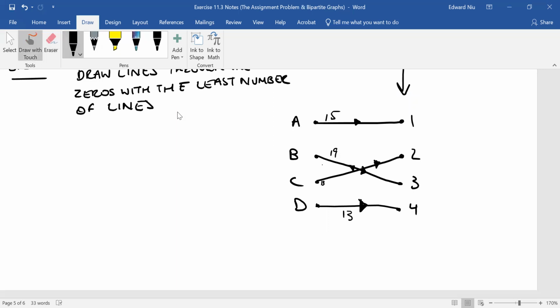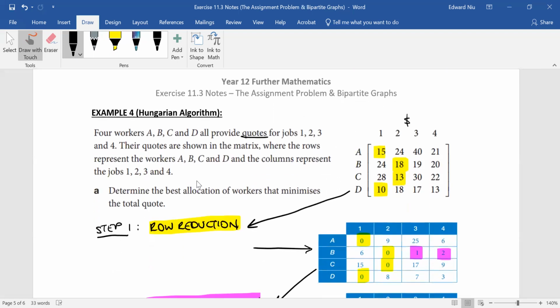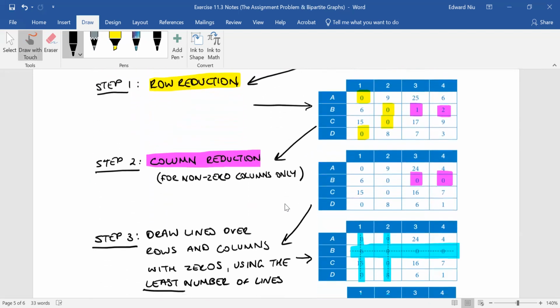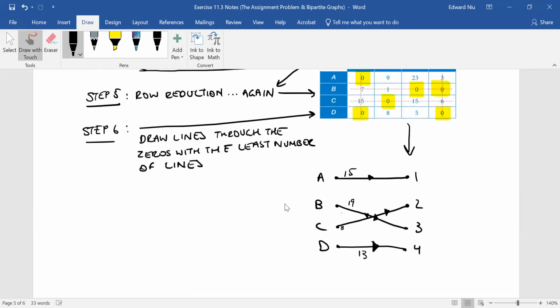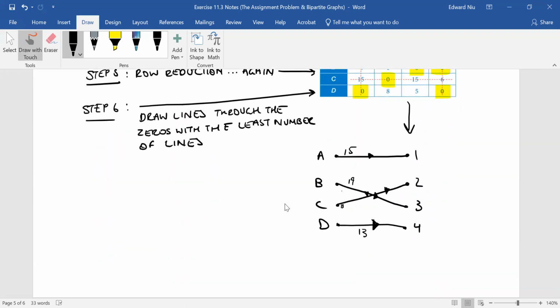So A does job 1, B does job 3, C does job 2, and then D does job 4. It says, determine the best allocation of workers that minimizes the total quote. All right, so therefore, A does job 1, B does job 3, C does job 2, and then D does job 4.